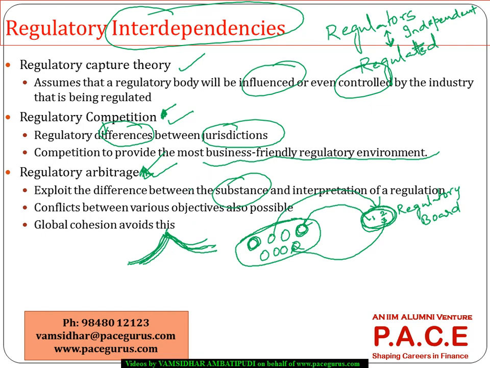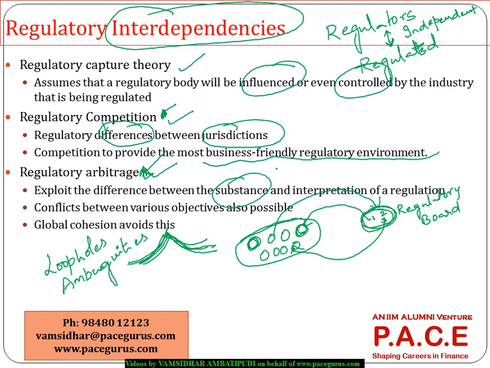People try to take advantage by finding loopholes in the regulation and identifying the ambiguities present in it. So they try to interpret it to their own advantage.